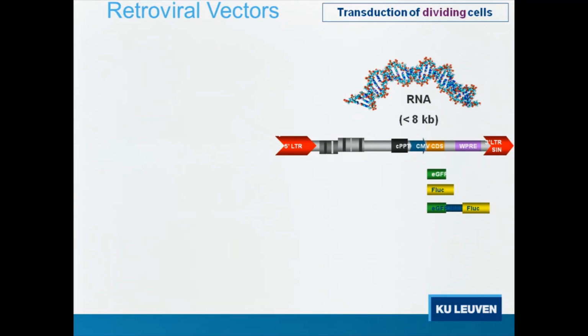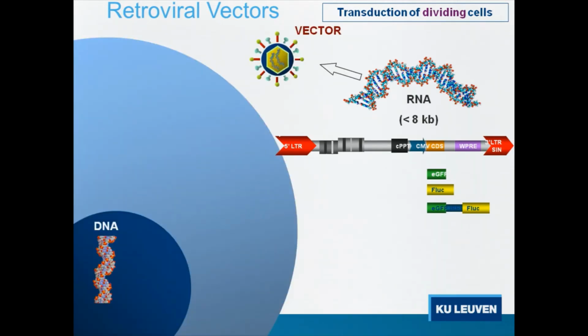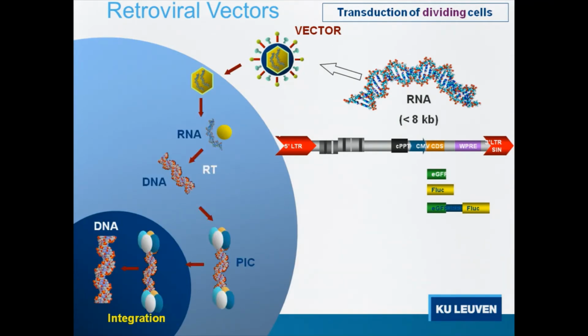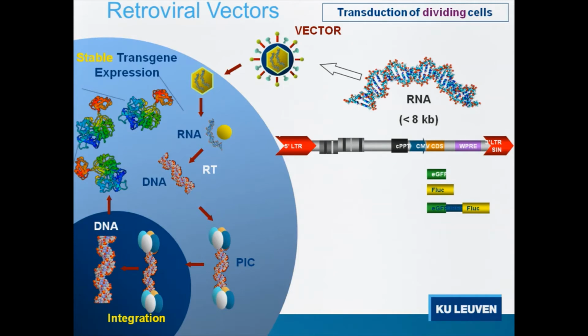So it's an RNA-based viral vector. The payload is less than 8 kilobases, so this allows you to introduce a number of gene constructs, and for instance, you can easily introduce GFP with an IRES and a firefly luciferase construct. You will then get the RT step that I already explained previously, and the integration into DNA, and from that you will get a stable transgene expression.